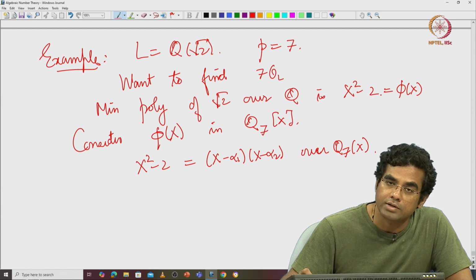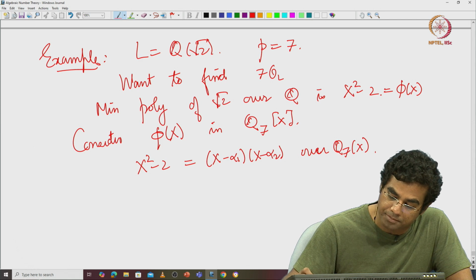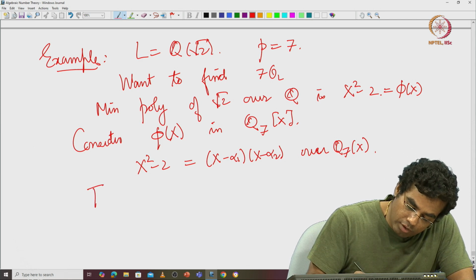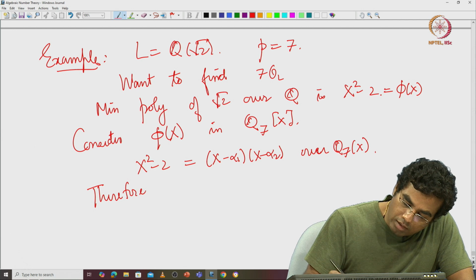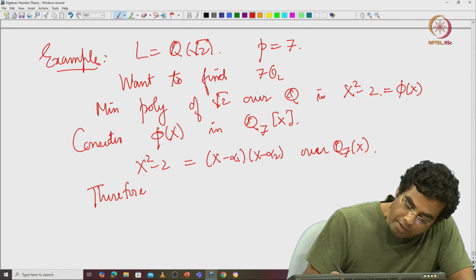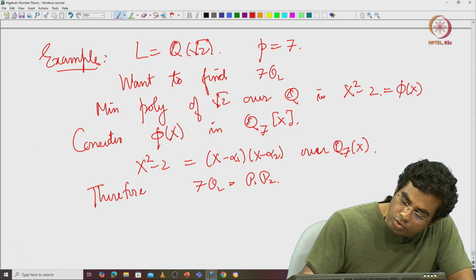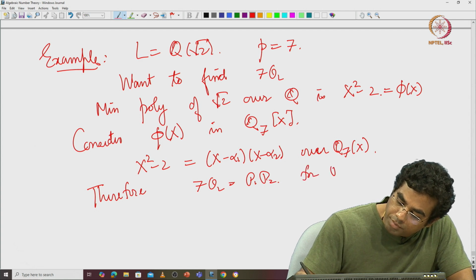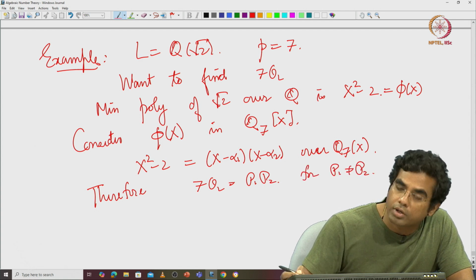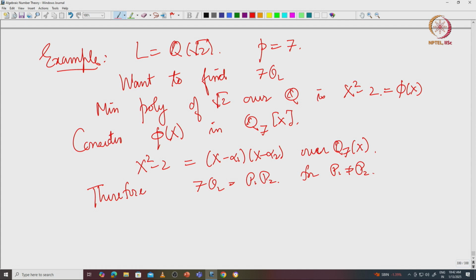In fact, we saw this as an example even before we proved Hensel's lemma. Therefore, you should have 7 O_L is P1 times P2 for P1 not equal to P2. So, in this case we get pretty much complete information.